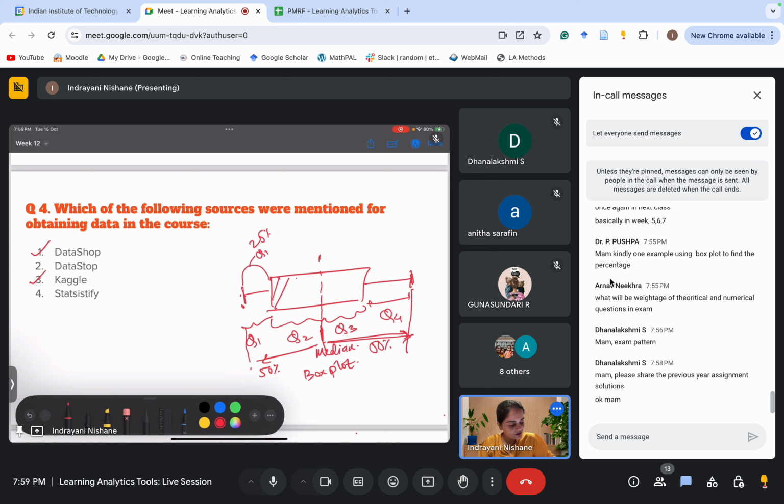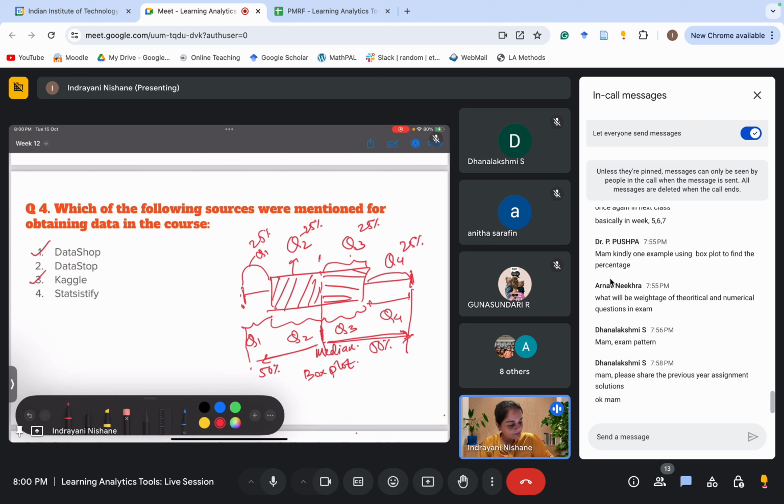This will be Q2, or second quartile, it will have the next 25%. This will be third quartile, next 25% of the data points, and this is fourth quartile, next 25% of the data points.